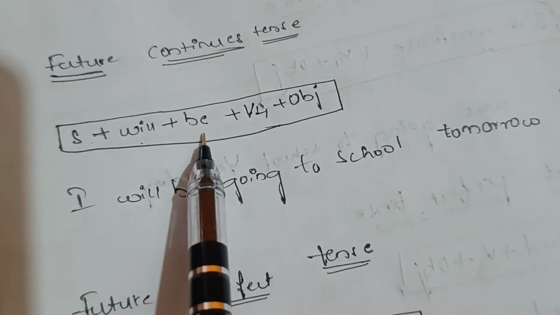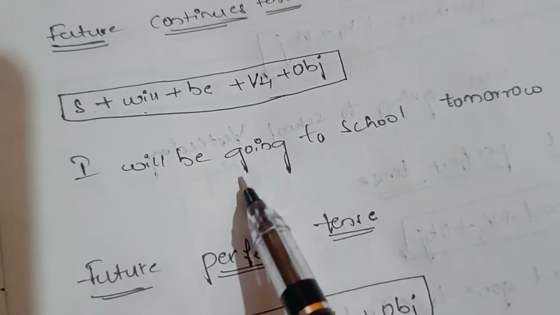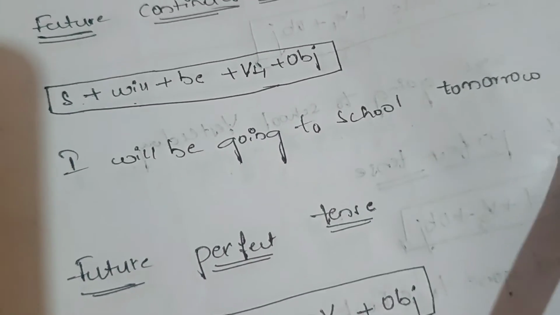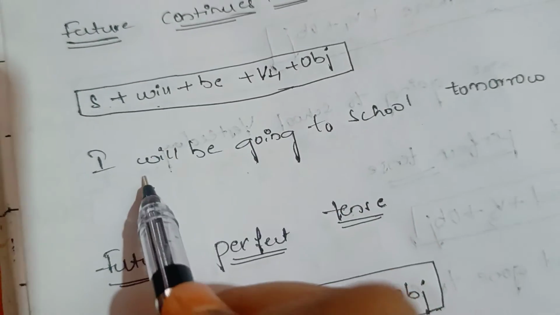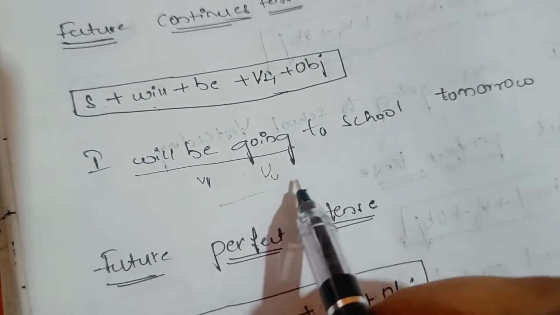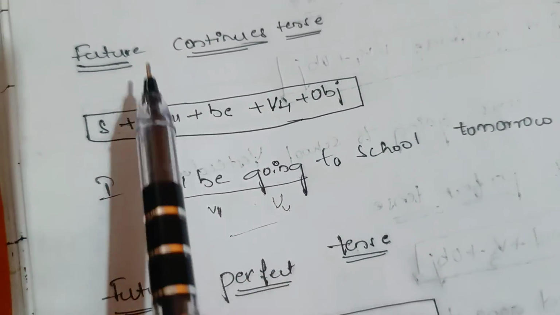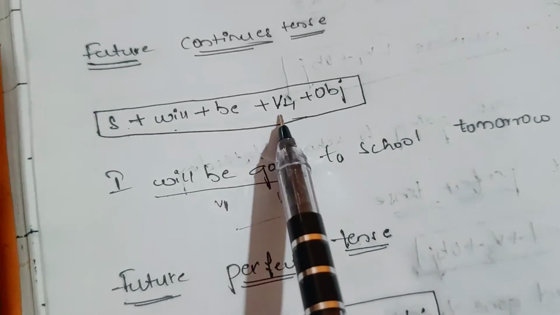Subject plus will plus be plus V4 plus object. Okay. I will be going to school tomorrow. So here, will be going. So will form has carried V1 form. As it is continuous tense, we got V4 form, right? So always while you are writing future continuous tense, remember that will be plus V4.